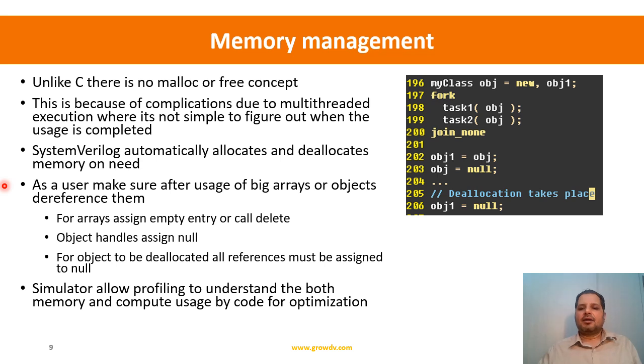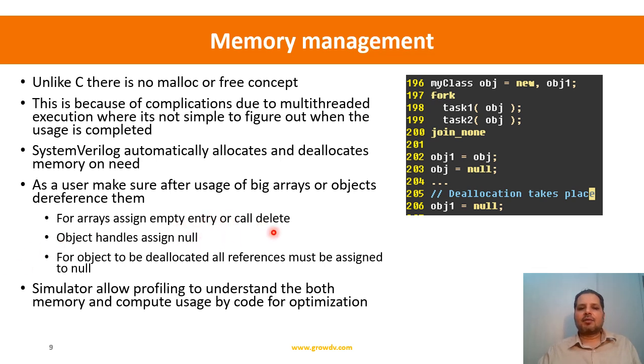The responsibility of the user, in order to make it run effectively, is to make sure that if you have any big arrays that you are declaring, you assign those arrays to an empty entry. For example, if you are using a queue, you can call delete to clear them off after you have done the usage.